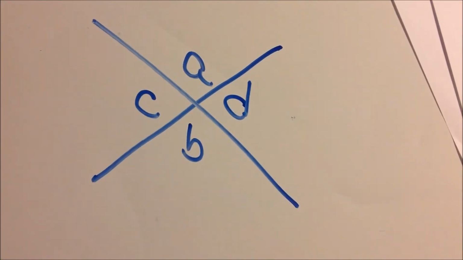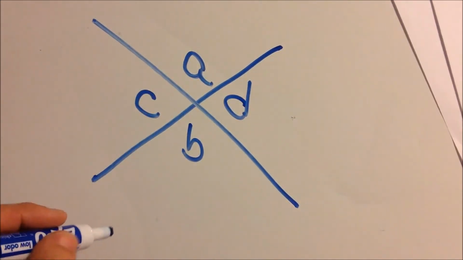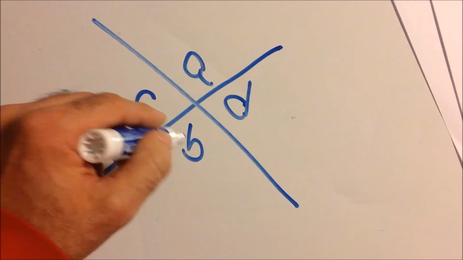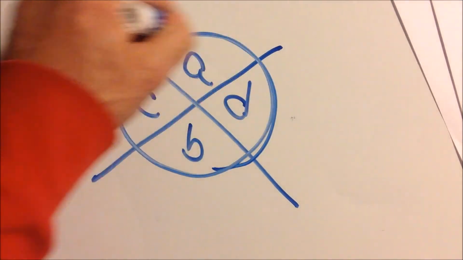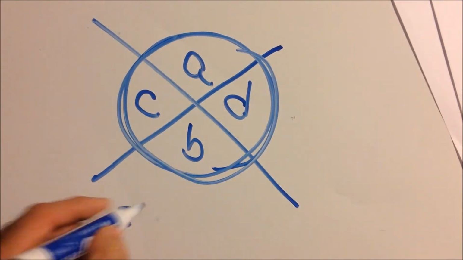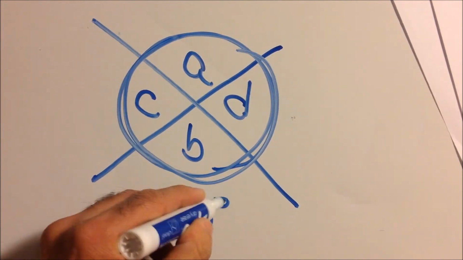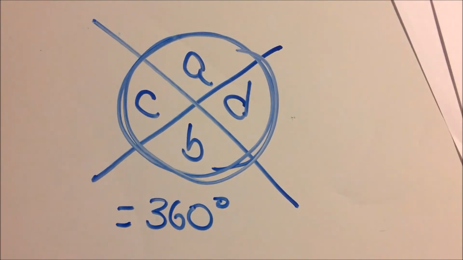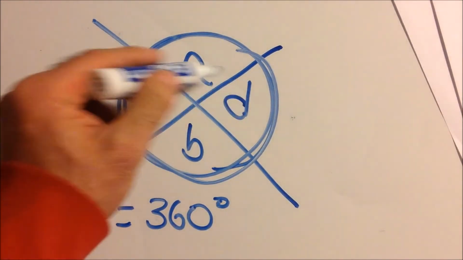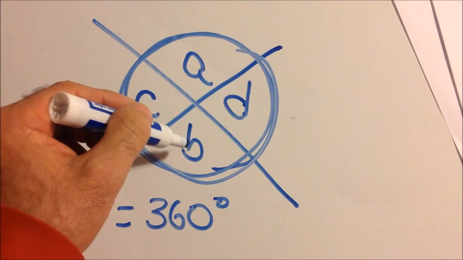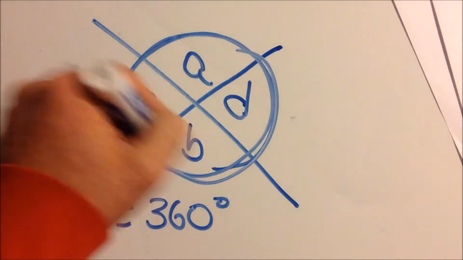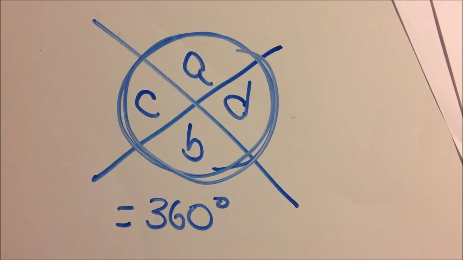Okay, let's do another example. Now here we have 4 angles. And by the way, these 4 angles, if you make a circle, have to equal 360 degrees, because a circle is 360 degrees. So if you knew 3 of these angles, you know what the other angle is, because it has to equal 360 degrees.